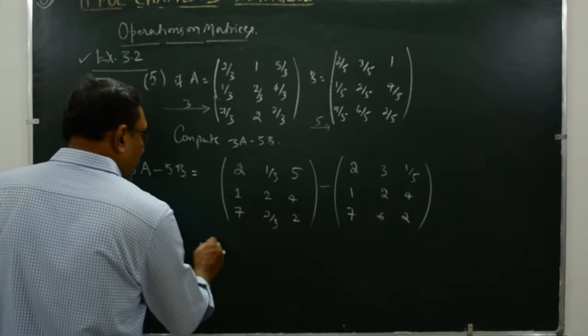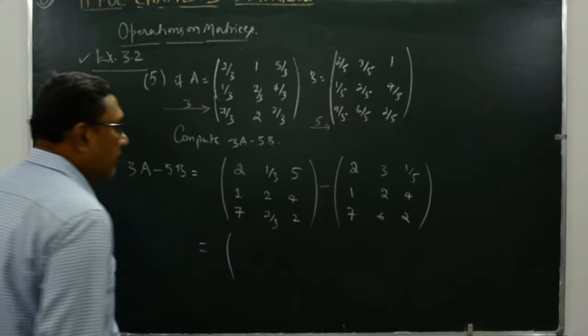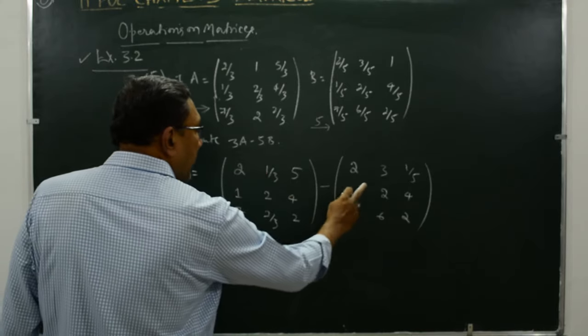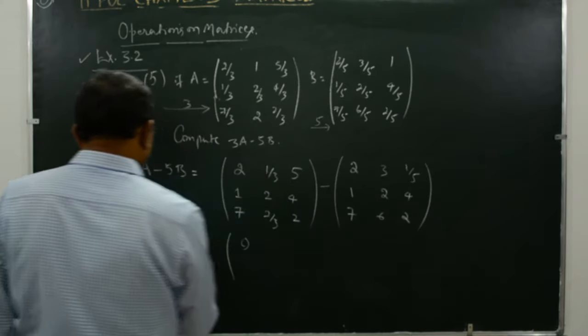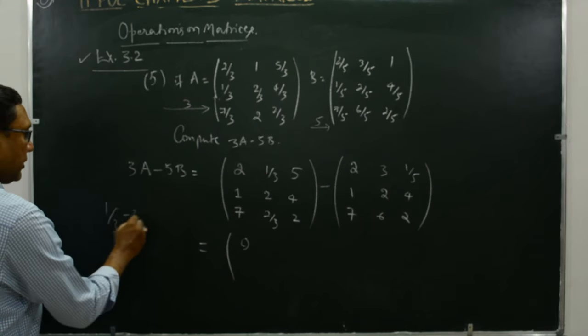We will go directly and subtract every element: 2 minus 2 is 0, 1 minus 3, 1 minus 3, 1 by 3 minus of 3, 3 is the LCM.